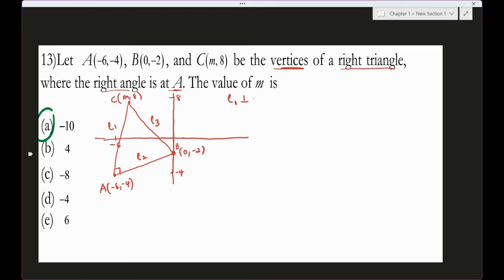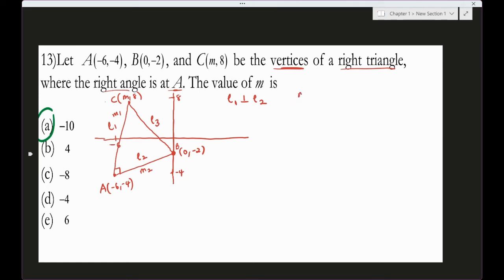One thing that is clear from the diagram is that line 1 is perpendicular to line 2, because of this right angle there. So if we can get the slope m2, then automatically we can get the slope m1.